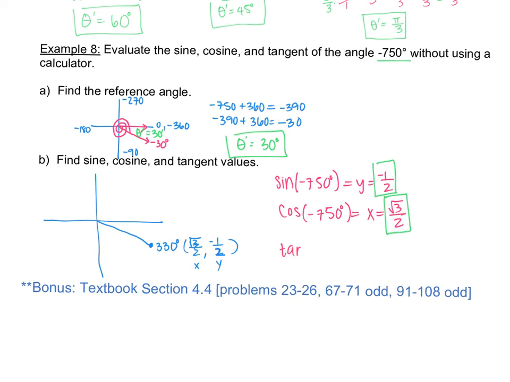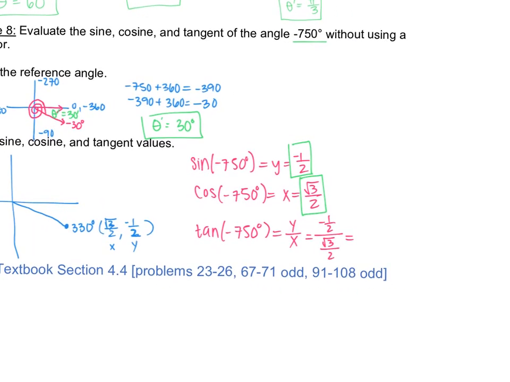Tangent takes a little bit more work for this angle because you have to put y over x to find tangent. So my y here is negative 1/2 over my x, which is root 3 over 2. So I have to multiply and flip. Negative 1/2 times 2 over root 3.